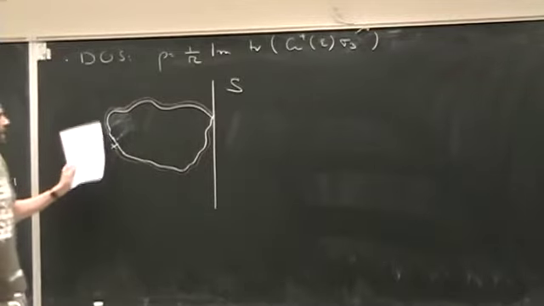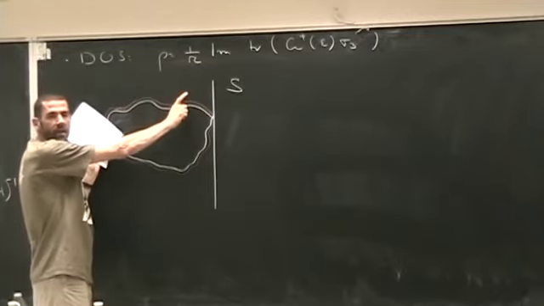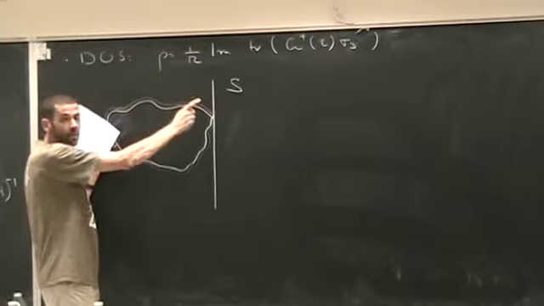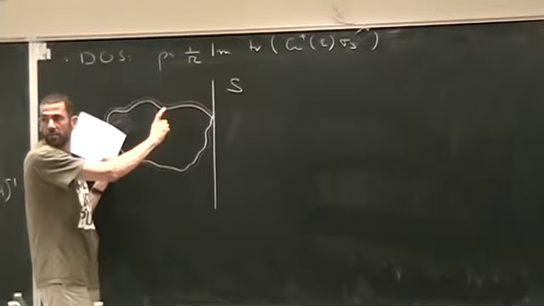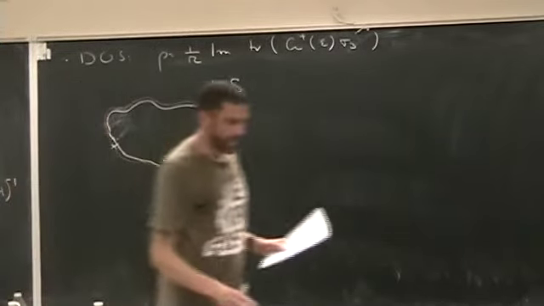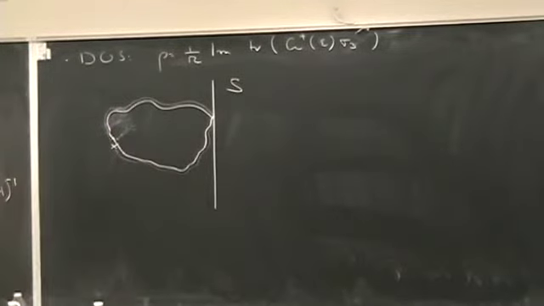If you compare to our worms and all that we had before, this is an object which, in the normal metal, we had only at the level of the two-particle Green function. It appears here already on the level of the one-particle function. So that's the first indication that new stuff is going on.